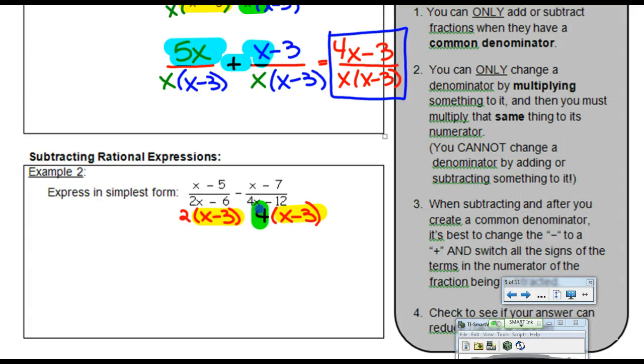And a 2 and a 4, I can easily change the 2 to a 4 by multiplying by 2. So if I multiply this by 2, I also have to multiply the numerator by 2. All right, so that means the common denominator is going to be the 4 times x minus 3.